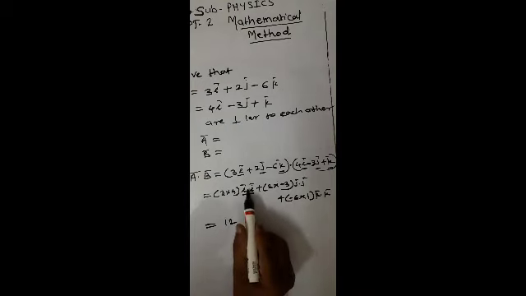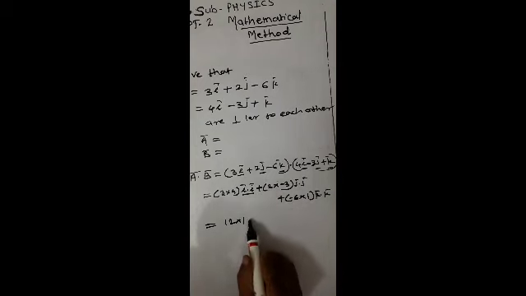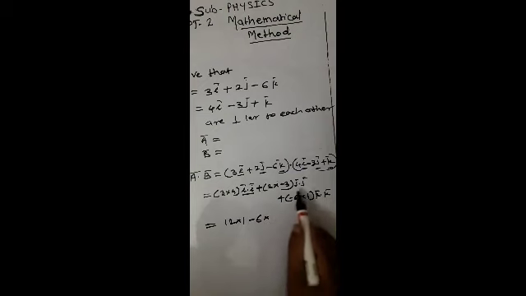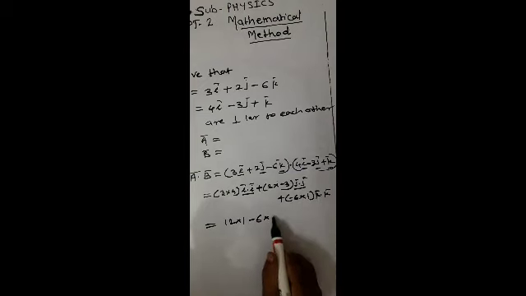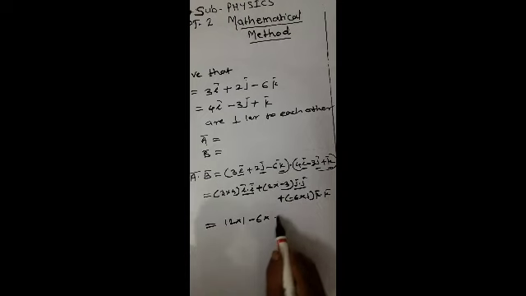Solving this, 3 into 4 is 12, and i dot i is equal to 1. Then 2 into minus 3 is minus 6, into j dot j which is 1, and minus 6 into 1 into k dot k which is also 1.